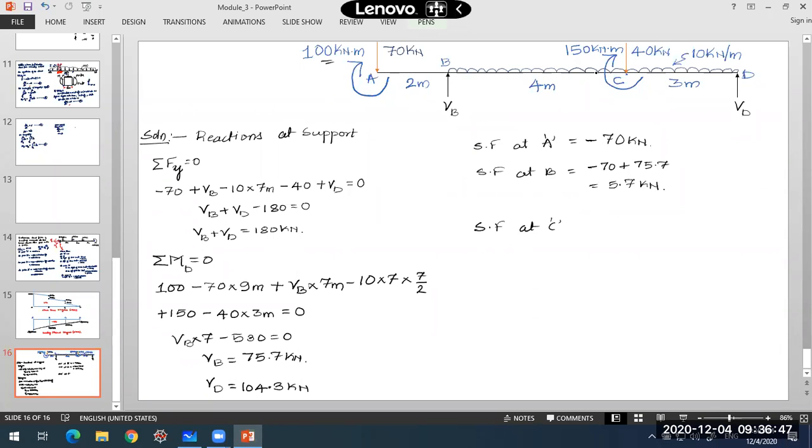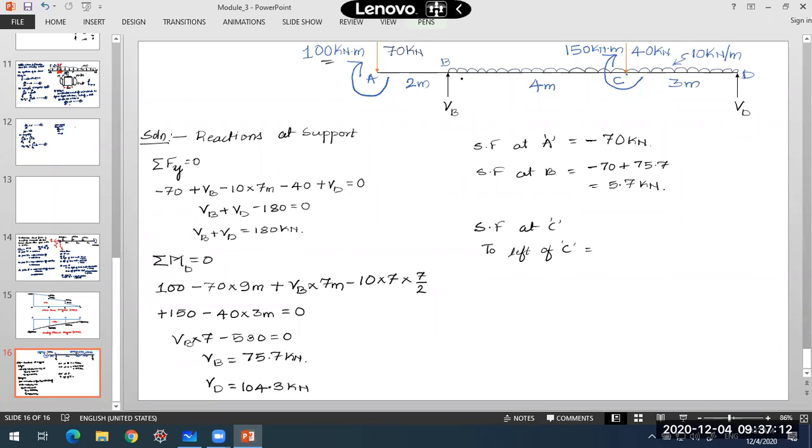Now here, what is happening? There is a loading present between B and C, so there will be a variation of shear force even before I cross this concentrated load. First I'll take the left of C. What is the shear force?